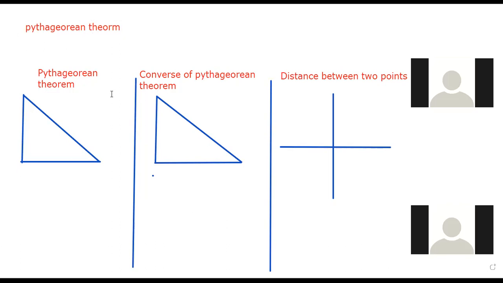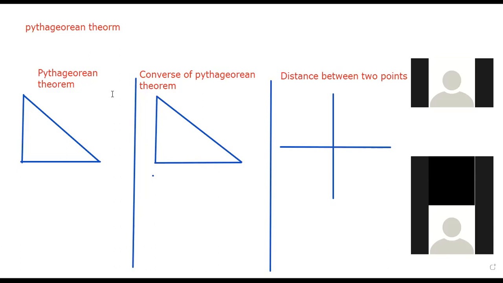And c square, this represents what? The hypotenuse. Yes, the longest side in the triangle, which is the hypotenuse, right? Then I'm going to write, we will suppose that this one, which is the longest side, is C, and this one is A, and the other leg is B, right?